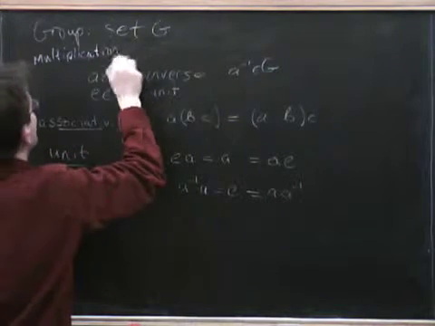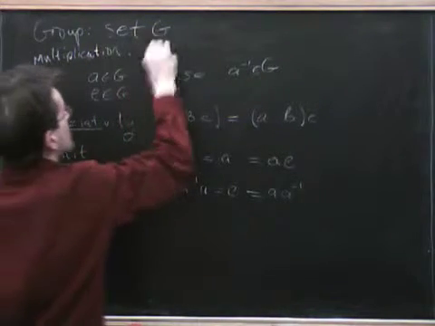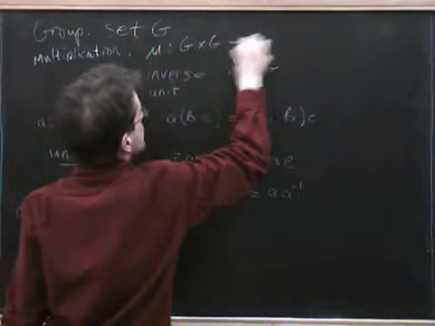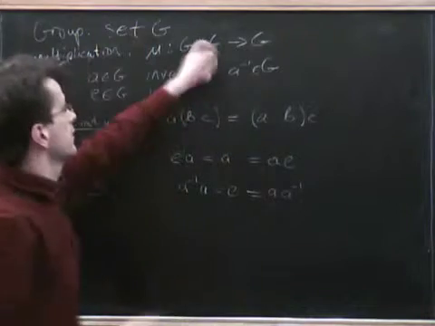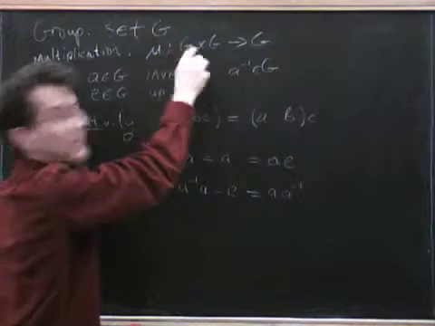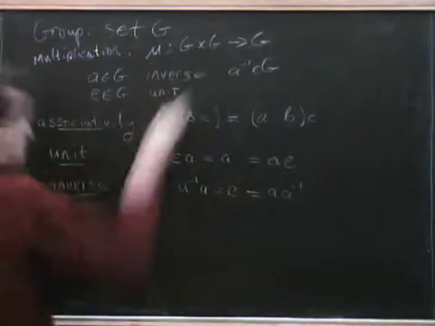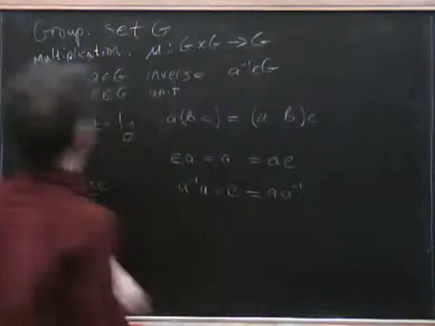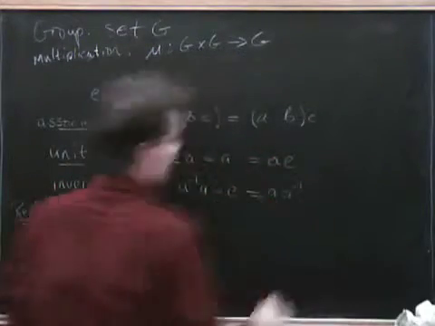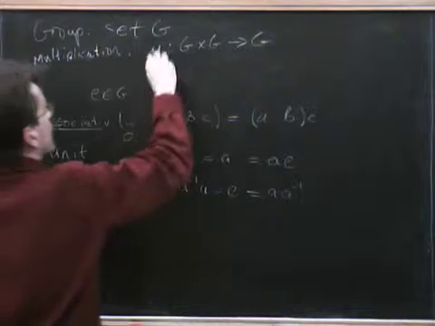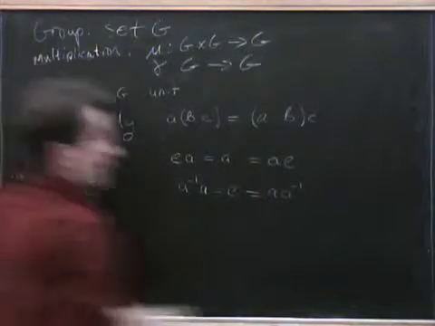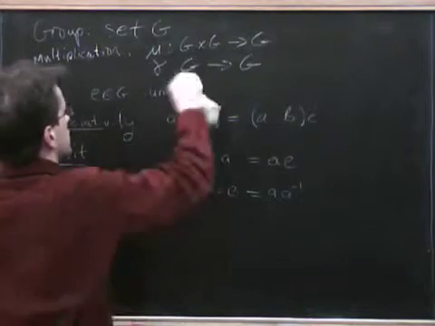This is a map mu from G cross G into G, where this is the product in sets, the Cartesian product. Then we have inverses, so similarly we have a map gamma from G to G.